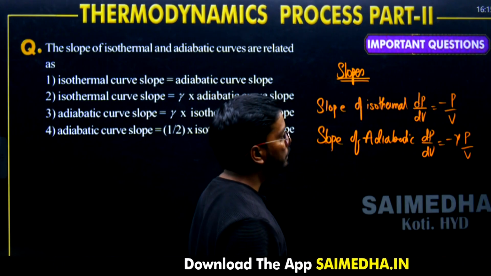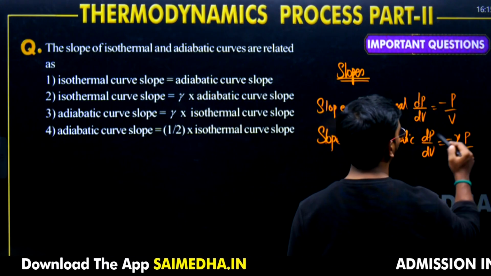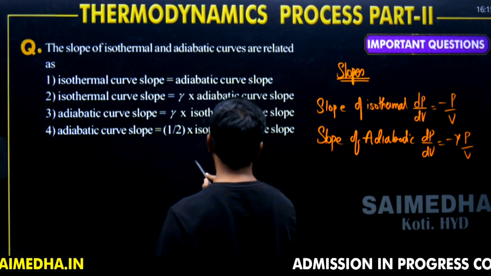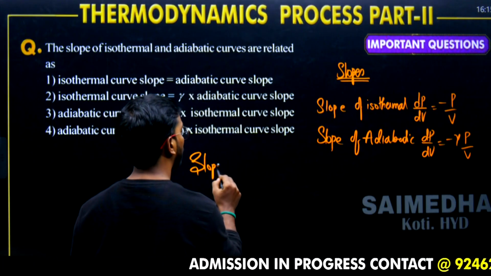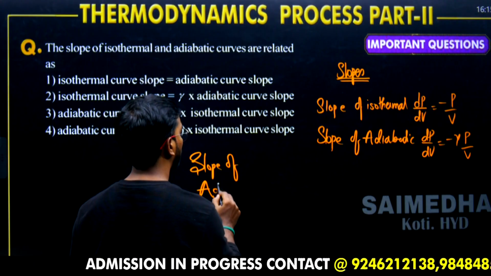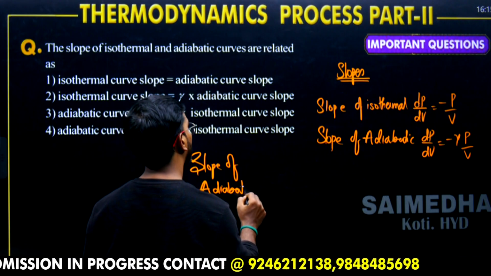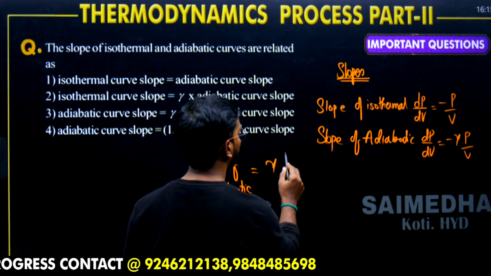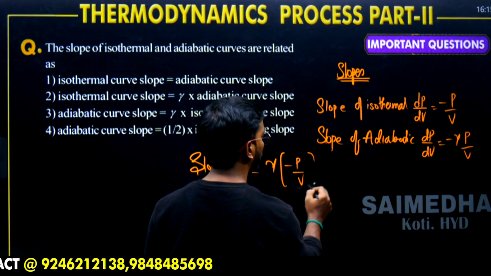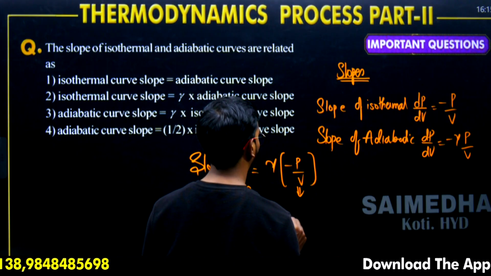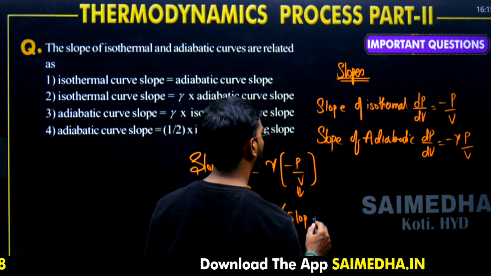Now we can say that minus P by V is slope of what? Isothermal. So I can write slope of adiabatic is equal to gamma times of minus P by V, where minus P by V is the slope of what? Isothermal.